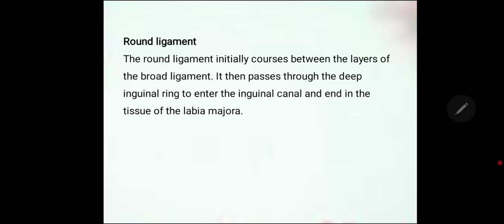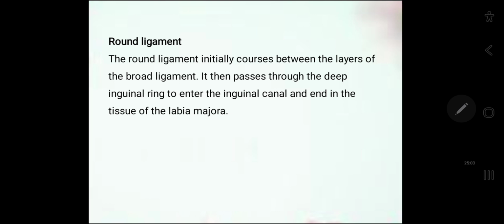The round ligament is the fourth ligament that supports the uterus. These round ligaments are cord-like structures, 10 to 12 cm long. They attach the uterine cornua to the labia majora, passing through the inguinal canal via the deep inguinal ring.